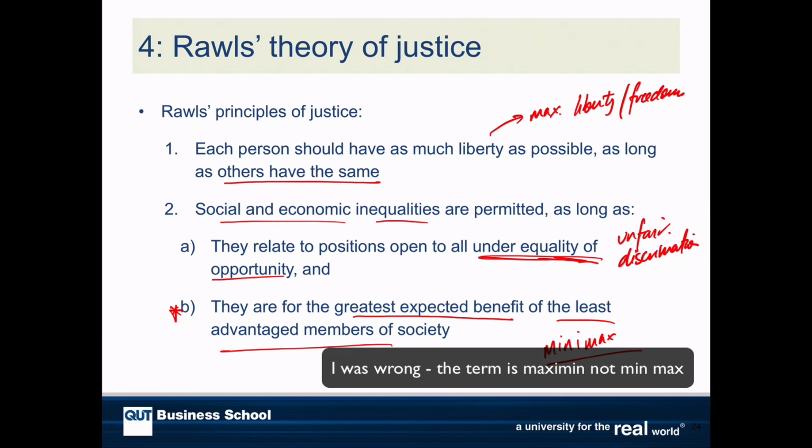Maximize liberty, a bit like Nozick, right? Trying to maximize liberty, but also then saying, look, we want everyone to have equality of opportunity, and we also want to maximize the outcome for the worst off in society. That is the system that people who don't know where they're going to end up in society would agree to.